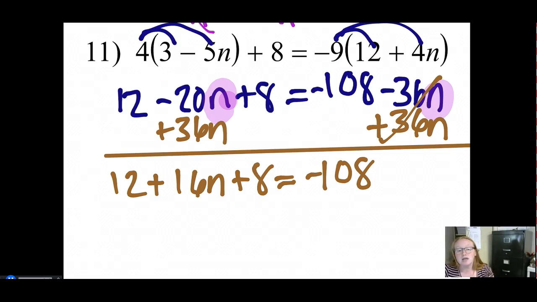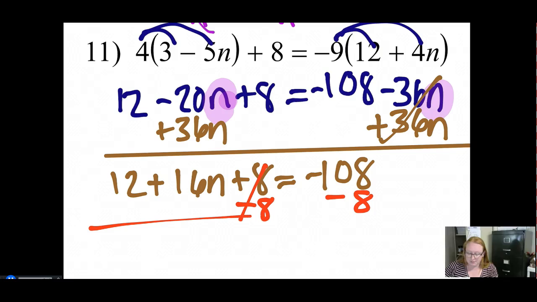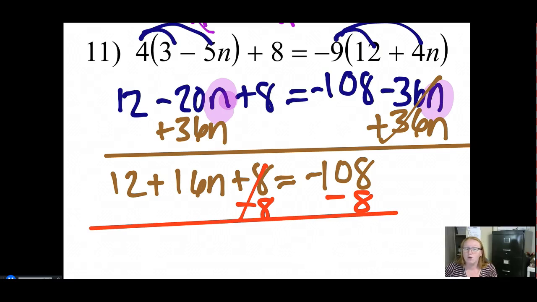Okay. There's a couple of options here. Since I combined like terms on the last one, I'm going to use properties of equality here so that those people who are trying to use properties of equality can see what happens. So I'm going to subtract 8 from both sides. What kind of stinks here is that I have two negatives going together, which means that I have to remember that these add.